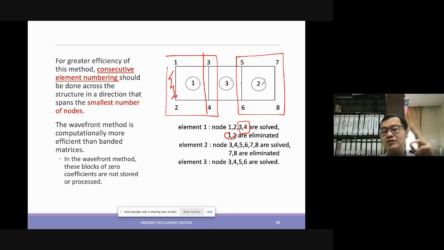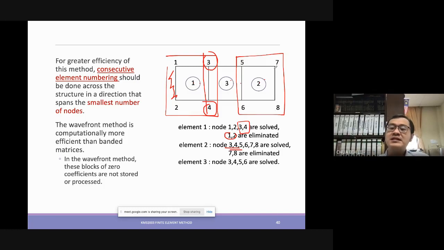So this one is solved, then they will go for element number 2, right? So for element number 2 now, these 3 and 4 are still unknown, still there to be solved. But then 5, 6, 7, 8 is loaded into your computer memory. So at this particular stage, there are 6 nodes of data to be loaded and solved simultaneously, right?